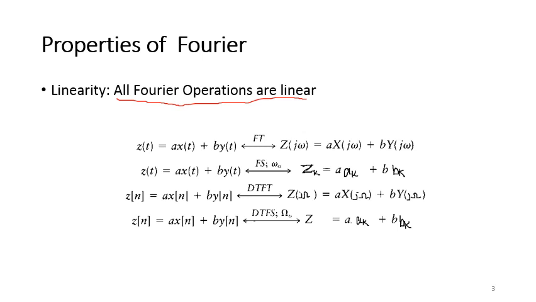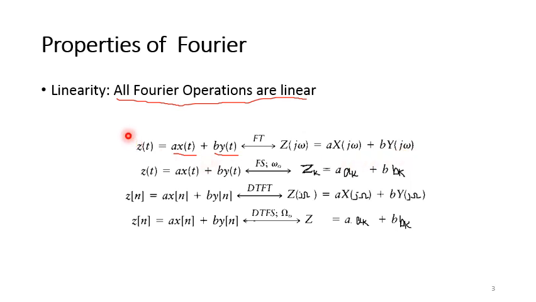For example, we have z of t equals a x of t plus b y of t. The Fourier transform of it will be Z of j omega.